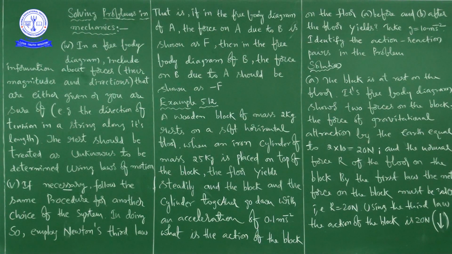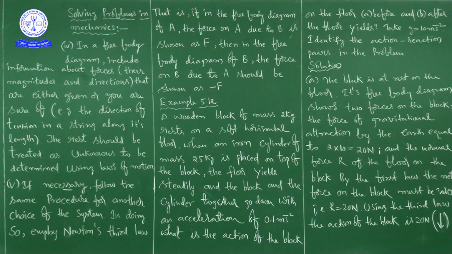The first step is draw the diagram showing schematically the various parts of the assembly of the bodies, including the links, supports. So draw the diagram of different systems, including all the parts of the system and links, supports, etc.